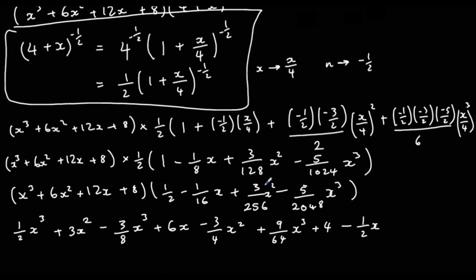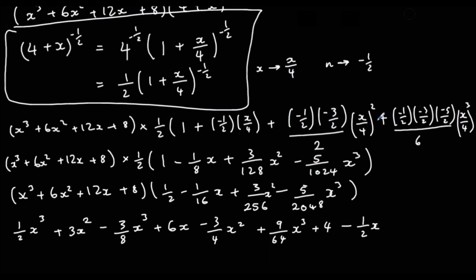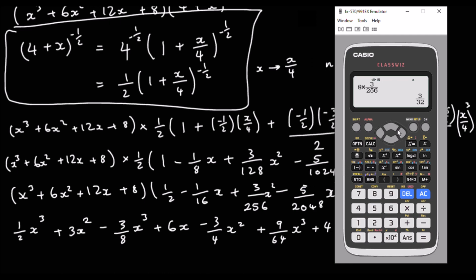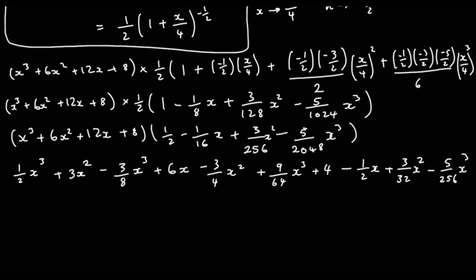Half x. 8 times 3 over 256 is 3 over 32 x squared, and 8 times 5 over 2048 is going to be negative, so it's negative 5 over 256 x cubed. So it's just a case of simplifying now.